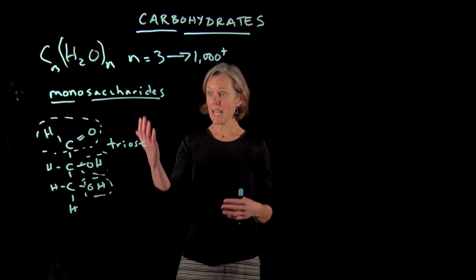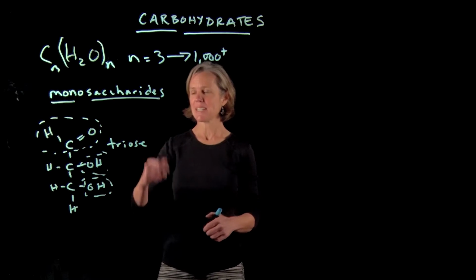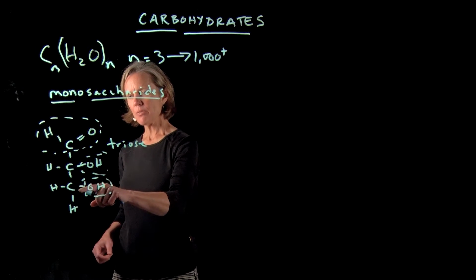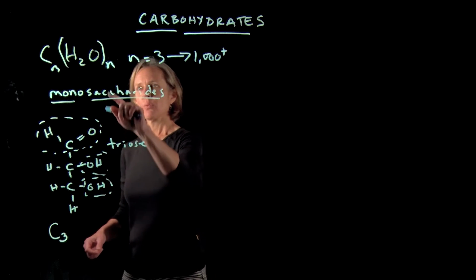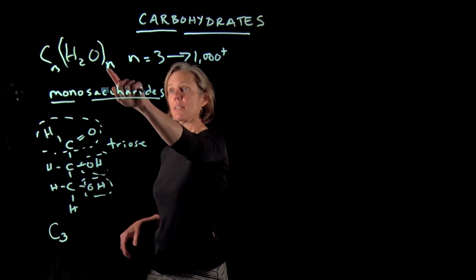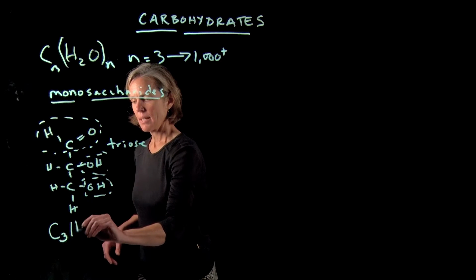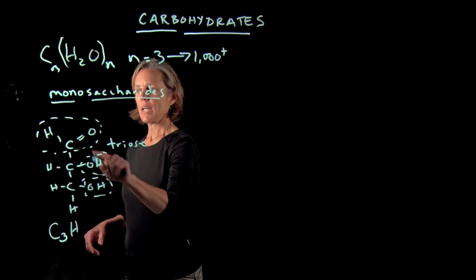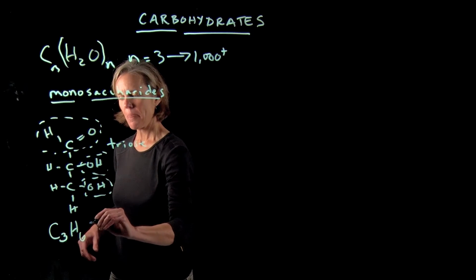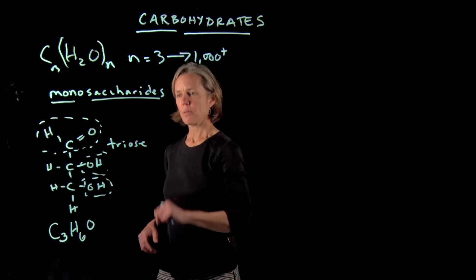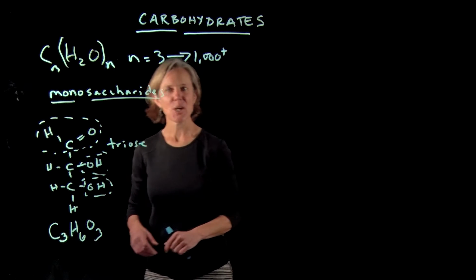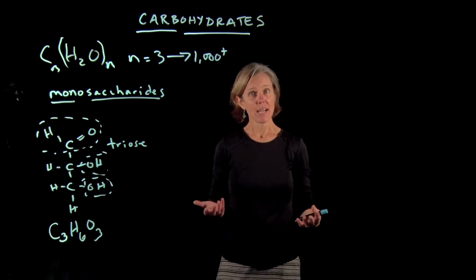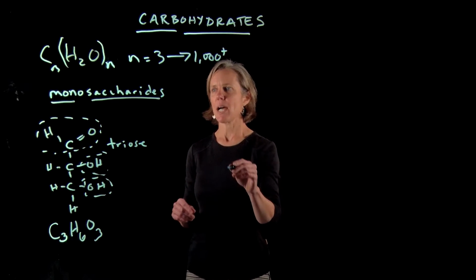Okay, let's be sure I have the molecule drawn correctly with the correct chemical formula. We have 3 carbons. We should have 6 hydrogens then. 3 times 2 is 6. 1, 2, 3, 4, 5, 6. Phew, got that right. And we should have 3 oxygens. 1, 2, 3. Perfect.